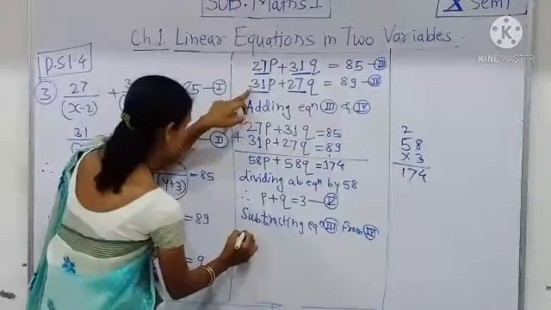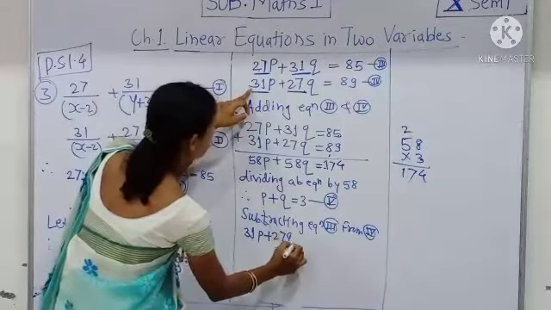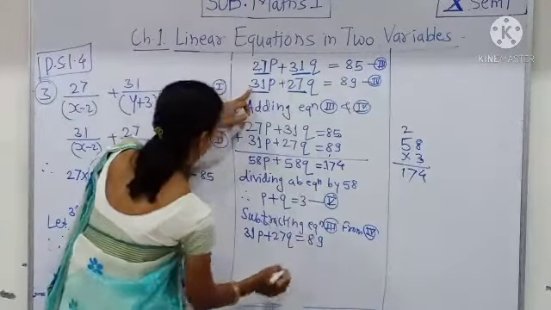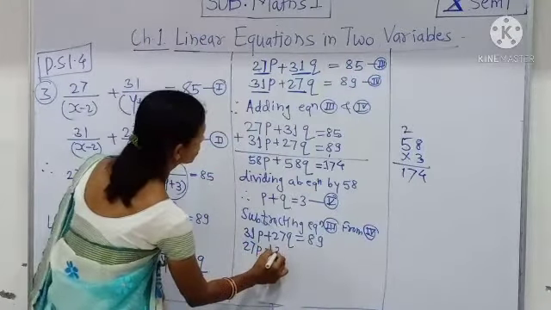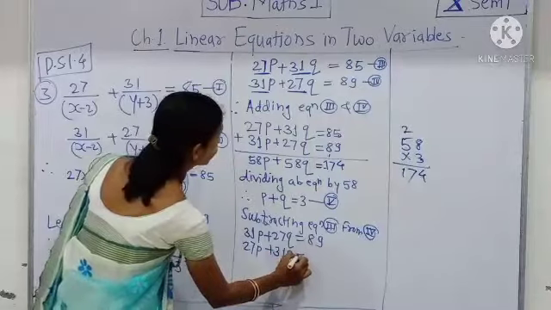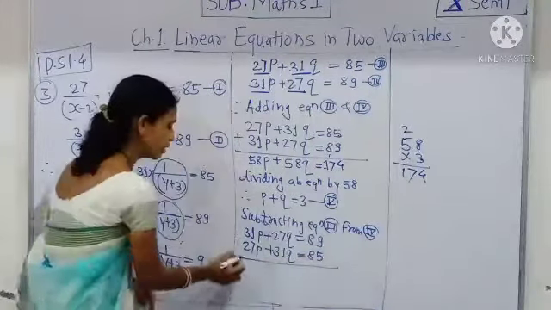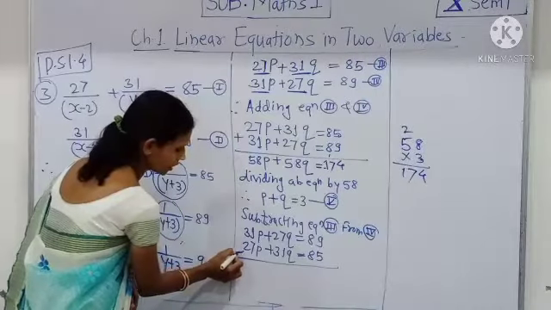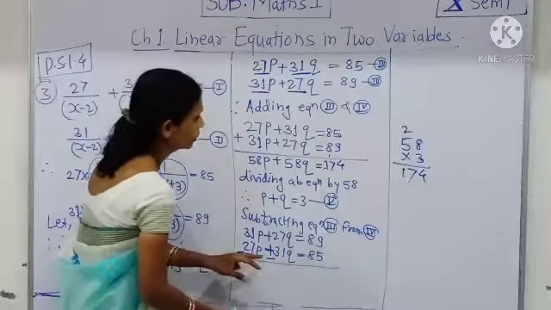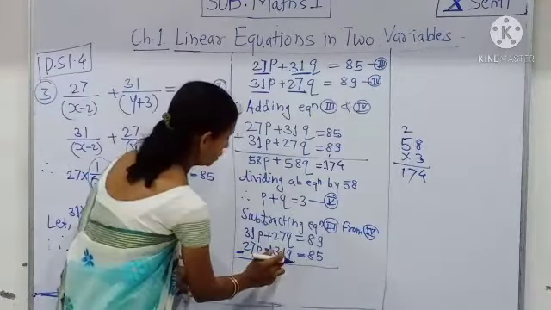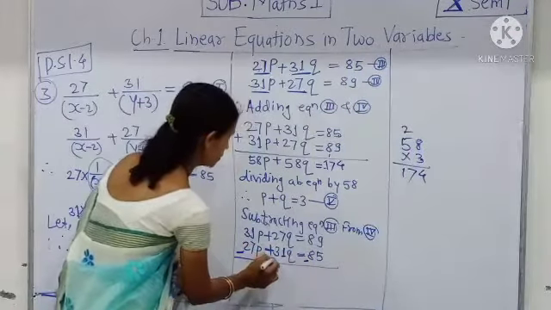Therefore, we have to write first 31p plus 27q is equals to 89, and then 27p plus 31q is equals to 85. Subtraction is there, therefore I have to change the signs of the terms of the third equation to minus.